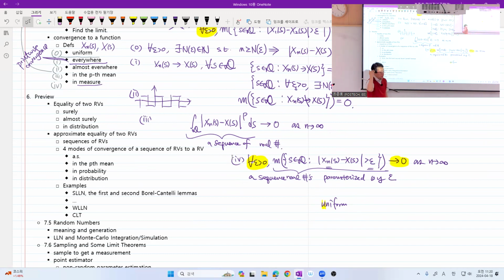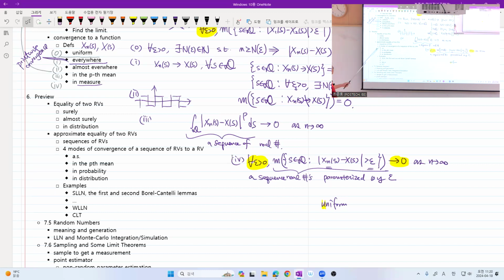However, unlike the convergence of a sequence of functions in general, we have the so-called probability measure, not just some measure like Lebesgue measure. And one important thing with probability measure is that it's finite. So the probability measure cannot be any number. It's bounded by 0 and 1. And that makes a lot of difference.